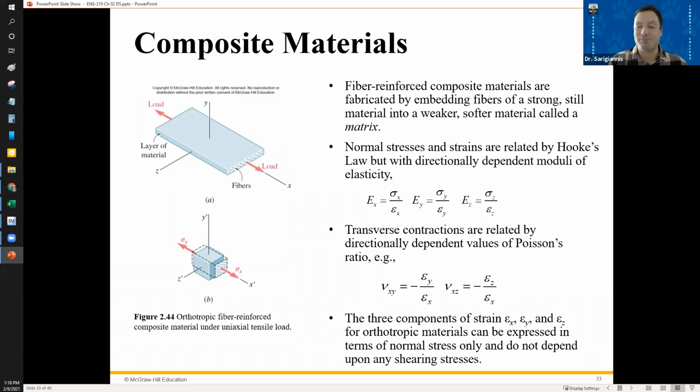You're still going to have a Poisson's ratio, but it's going to be different than for a homogeneous object. You still write the equations out the same, but they are different in terms of how you apply them to a composite.